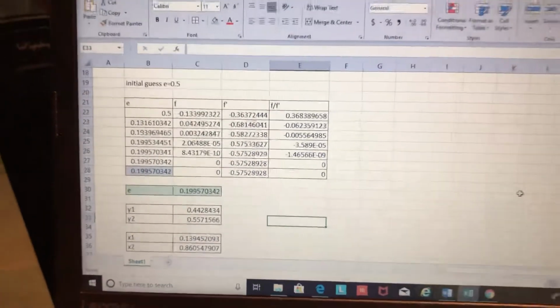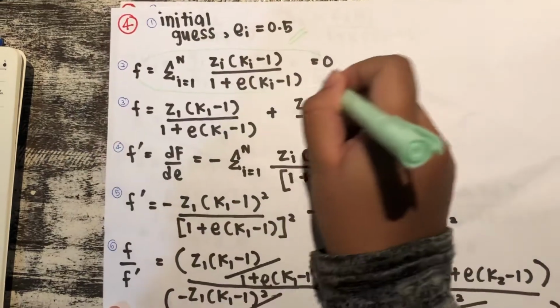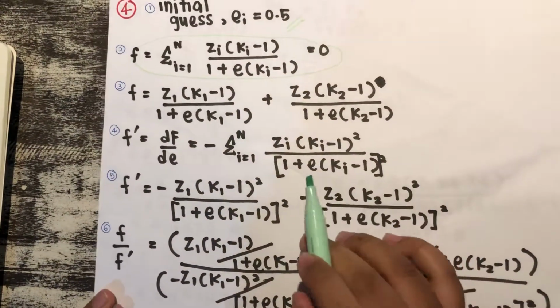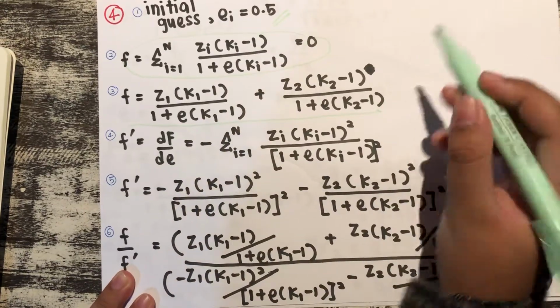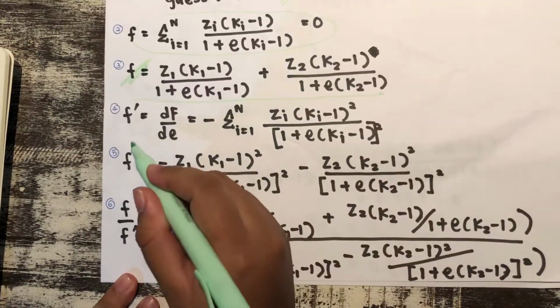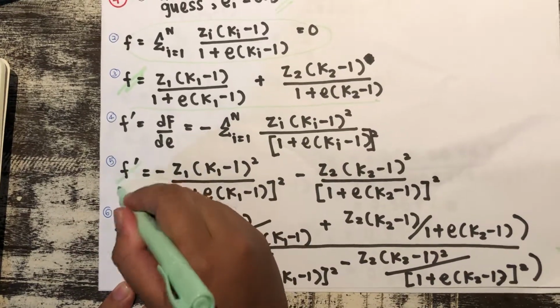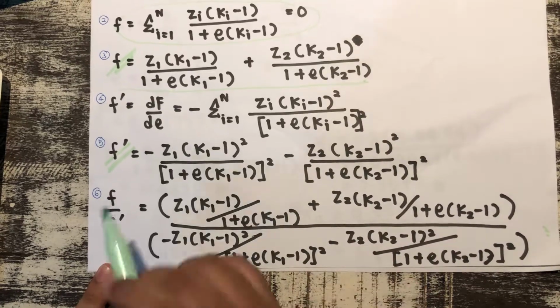So to find F, this is the initial formula of F. And after we elaborate it, this is the formula. So for F, we find it using this formula, and for F prime, we will use this formula, and for F over F prime, we will use this formula.